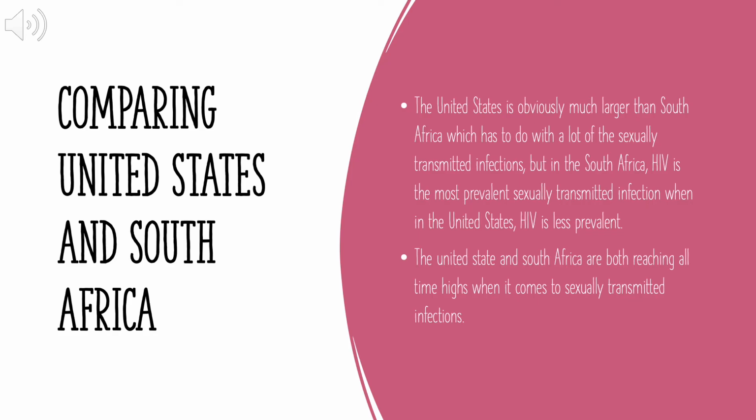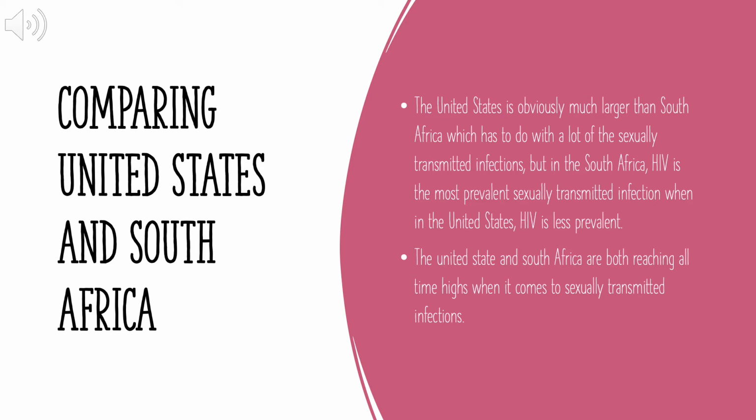So, on this slide, I'm going to be comparing the United States and South Africa. The United States is obviously much larger than South Africa, which has to do a lot with these sexually transmitted infections. I feel like there's more people in America, which is more susceptible for spreading sexually transmitted infections.